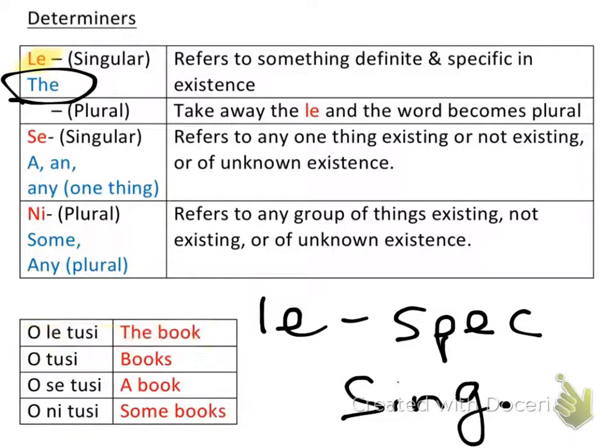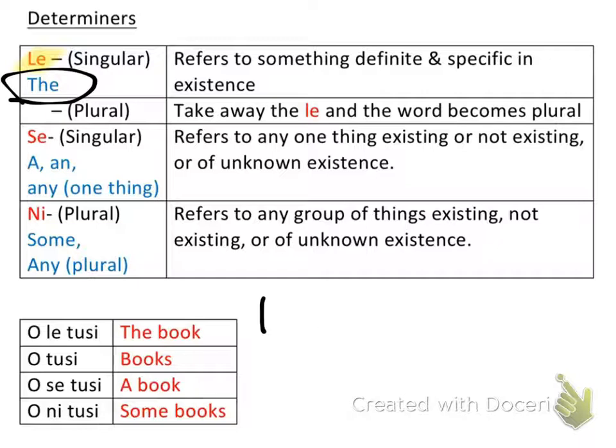Okay, so moving on to the next thing, I have no le. This part right here, you take away the le, and the word becomes plural. Okay, so if I just had this right here, o tusi, that makes it plural. And so when I take away le, that means it's plural. Whoops, I need to use my pen. So plural, and it's specific still.